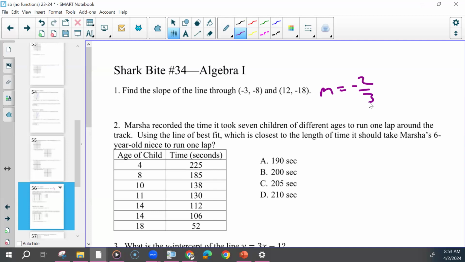On this board, my handwriting was even worse, so I apologize if it's hard to read. If you need to see what it says or clarify, just ask. For number 2, we have to find the line of best fit.